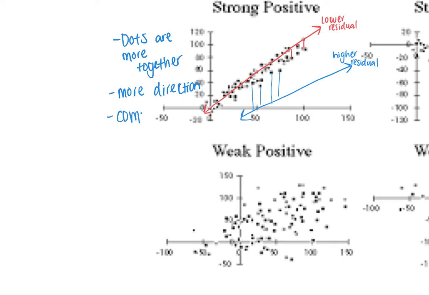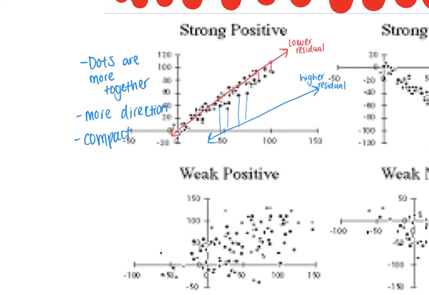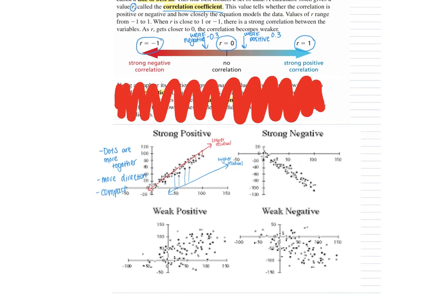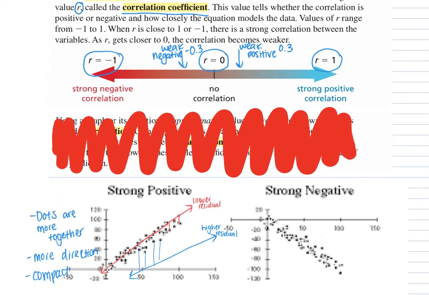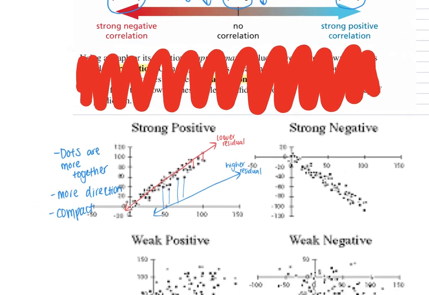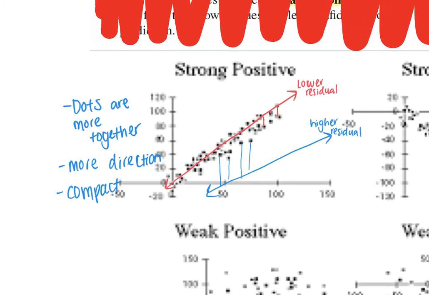Doesn't it look nice and compact? It's nice and straight. It almost makes the line for you, right? Now, our R for this one, if it's strong and positive, what is the R going to be close to? 1, okay? So I would say for this graph, our R would approximately be 0.9, okay?